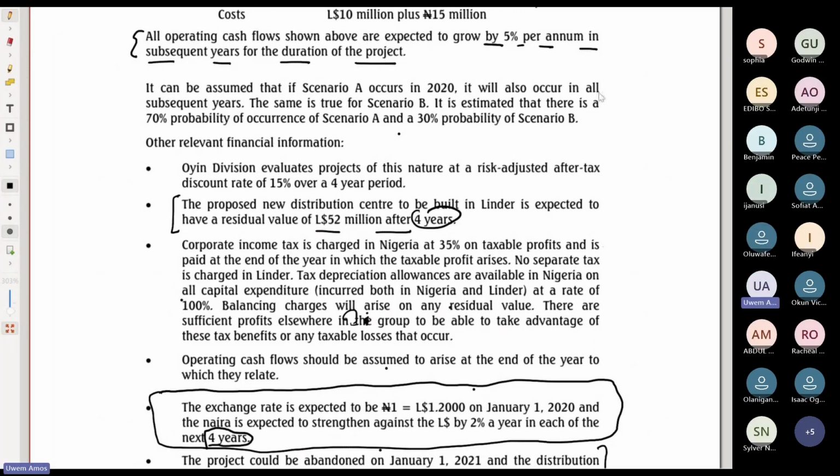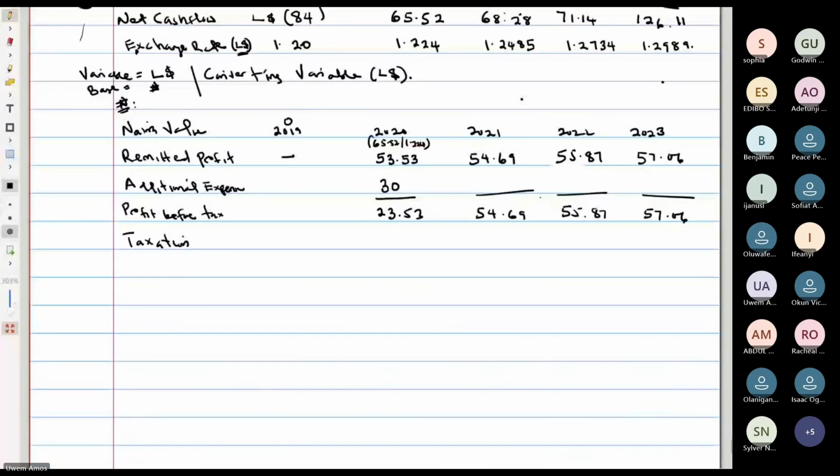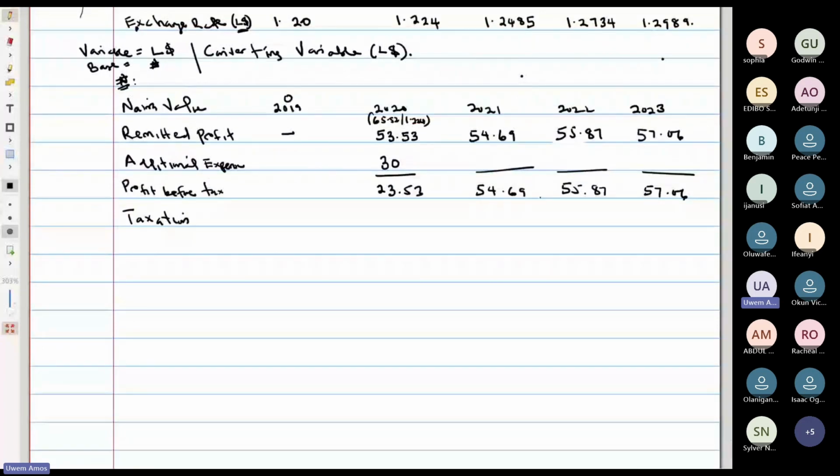And the rate is 35%. So let's go right into our computation of the tax at 35%.